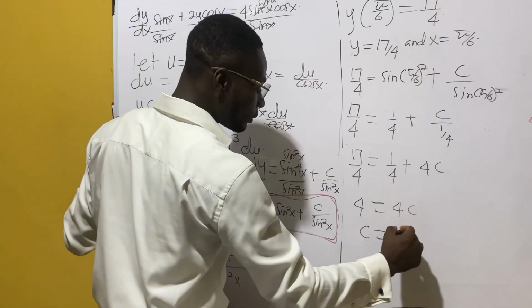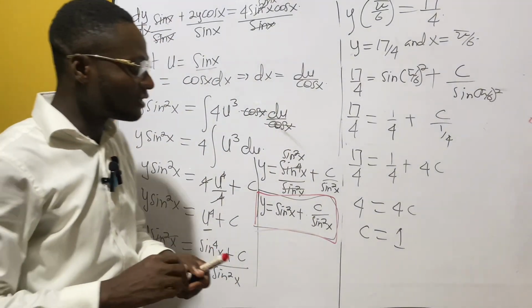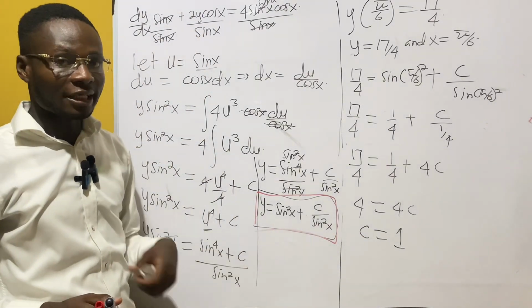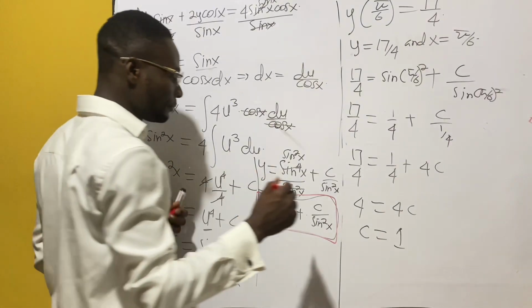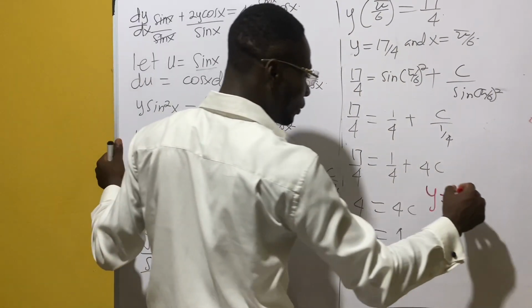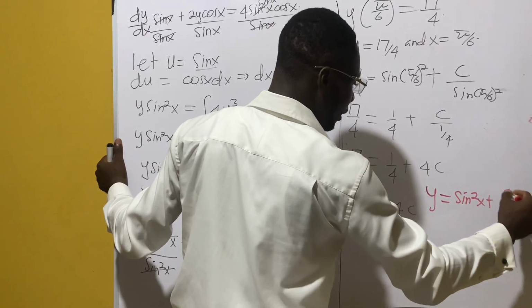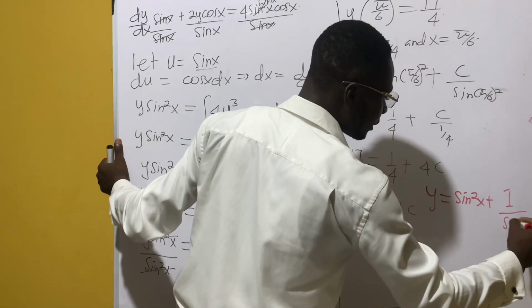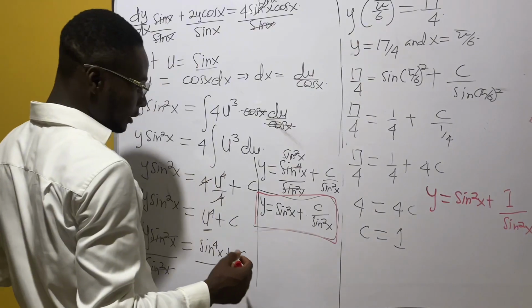So we have c equals 1, right? So once we have c equals 1, we can substitute into the general solution and obtain our particular solution. So right here, when we do that substitution, we have y equals sine squared x plus our c, now 1, over sine squared x.